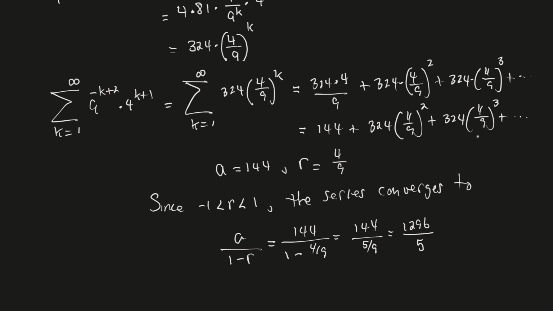If, however, I stop the process, so if my addition is a finite sum, then the best I can say is that finite sum is approximately equal to this. It will never be exactly equal to this, because I'll have to continue that addition process infinitely many times. But if I stop it at any point, I will get a number that's very, very close to 1,296 over 5.